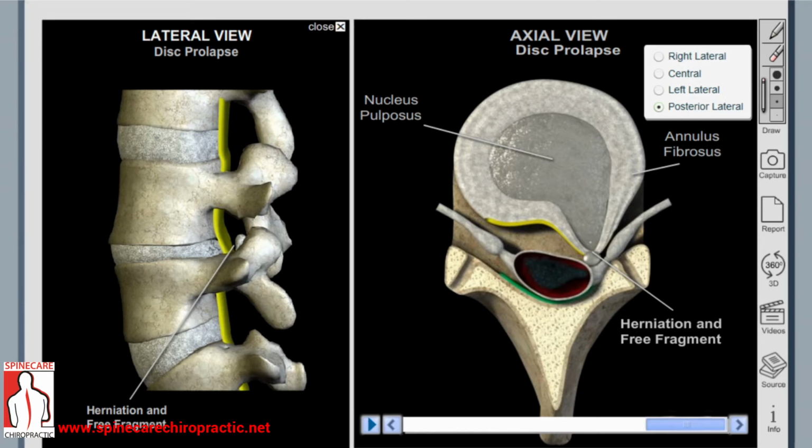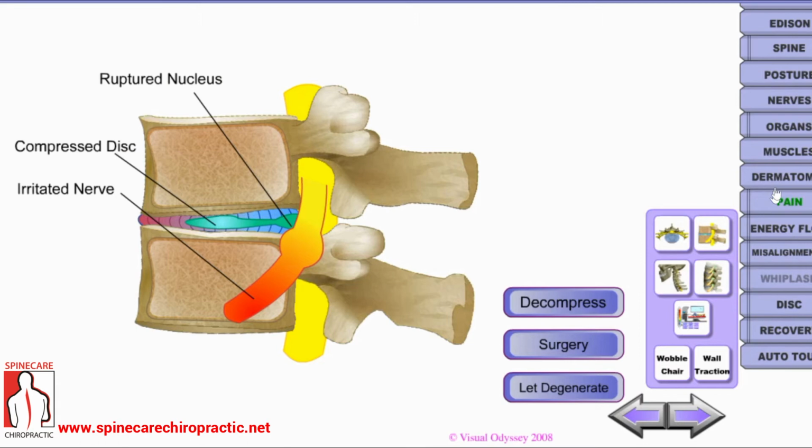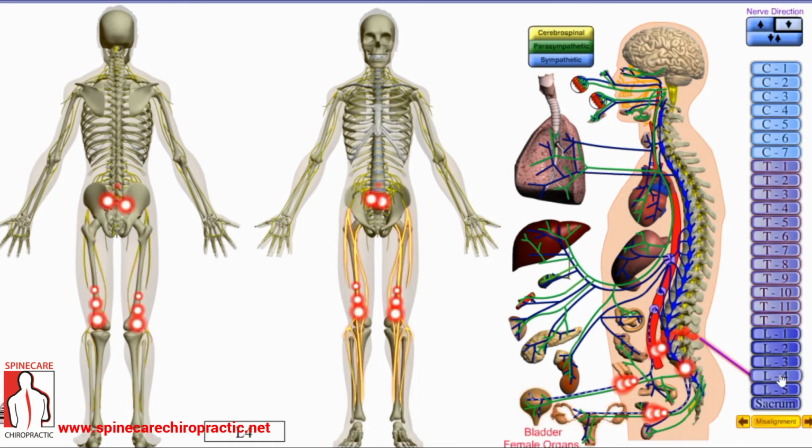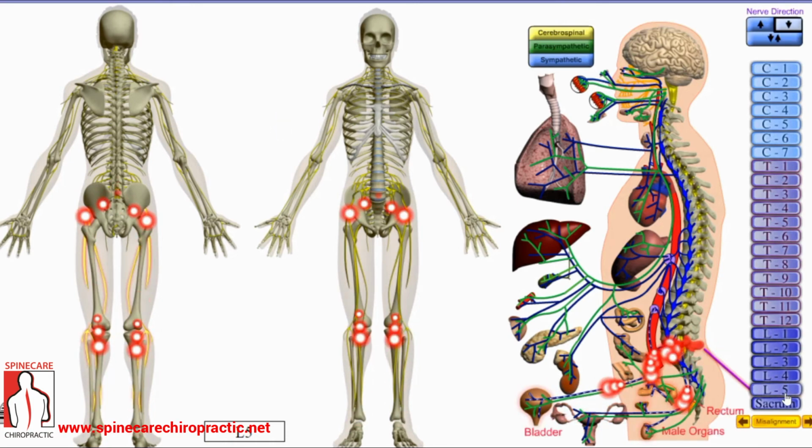And what you can see is that the nerves from L4 and L5, say for example L4, the nerve actually travels down your legs. L5 also travels down your legs. So in addition to the lower back pain, you might get things like pain in the legs, numbness in the legs, and even pins and needles in the legs.